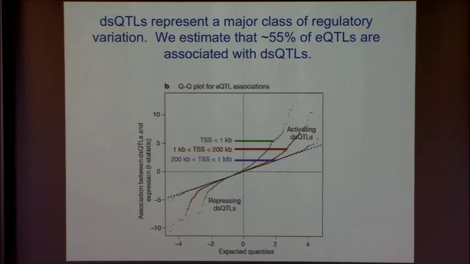So you can see that there are more of these activating dsQTLs than repressing dsQTLs, about a factor of 2 to 1. You can also see that for dsQTLs that are very close to the transcription start site, quite a large fraction are associated with changes in expression, although there are also longer range effects.